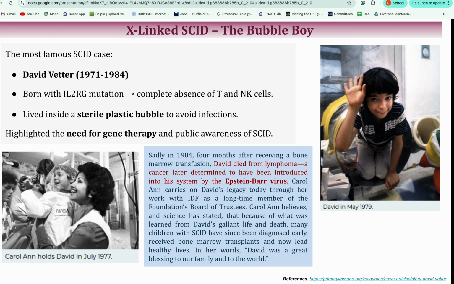So if a bone marrow transplant is done, the precursor cells can give rise to the lymphoid progenitor cells, which will further give rise to proper functional T and NK cells. So from this case, many children got diagnosed early and treatment was developed so that they survived.